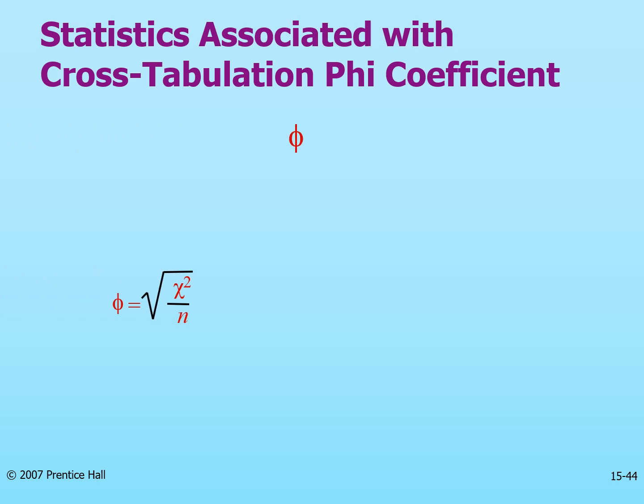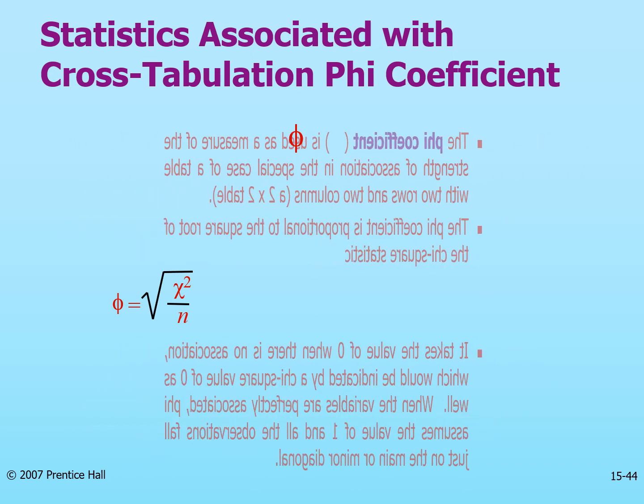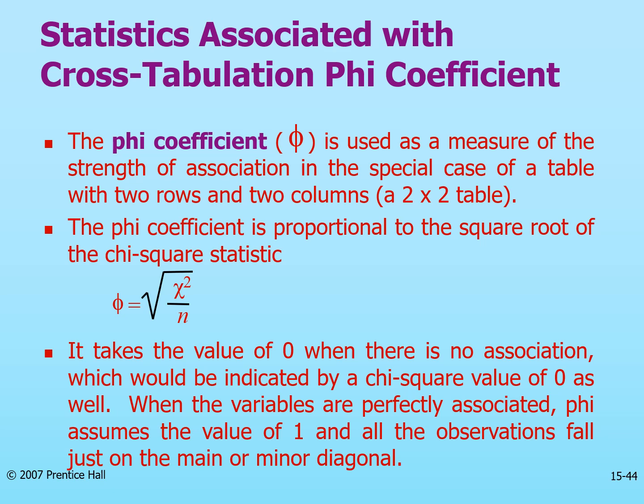Next, we come to the chi-square value to be calculated from the perspective of the phi coefficient. Nowadays, people are using the phi coefficient more and more, because the phi coefficient makes the test significant too.